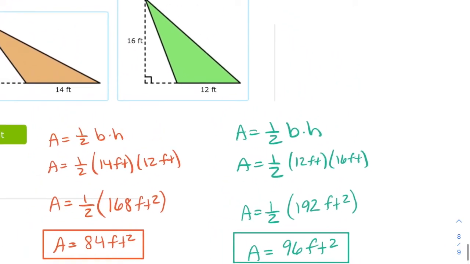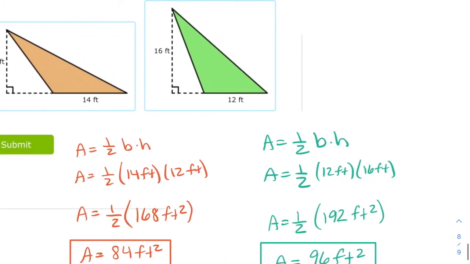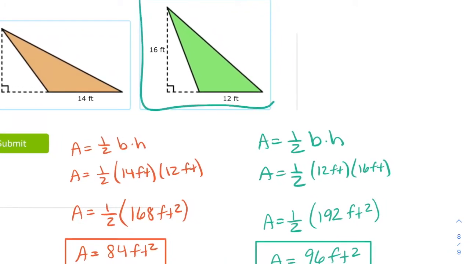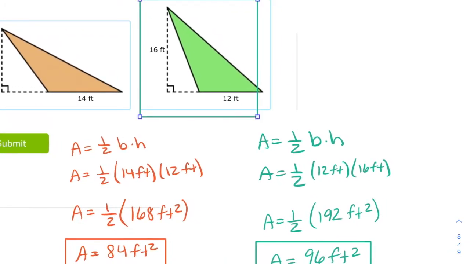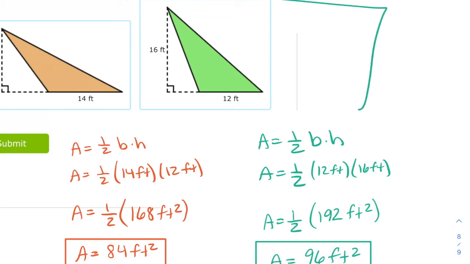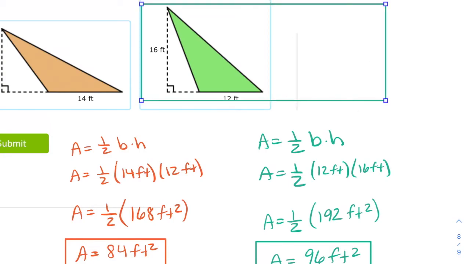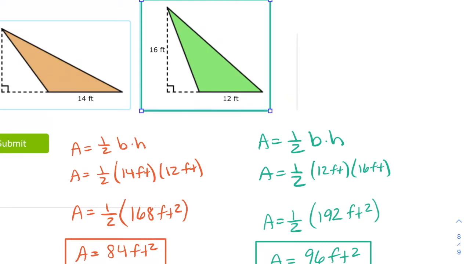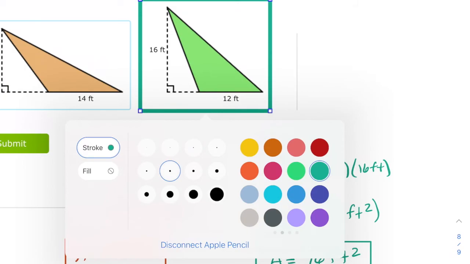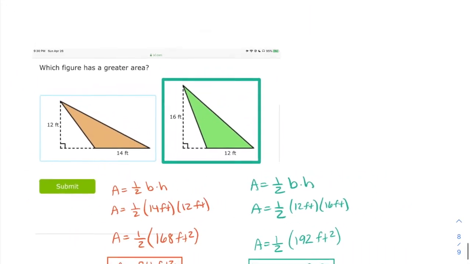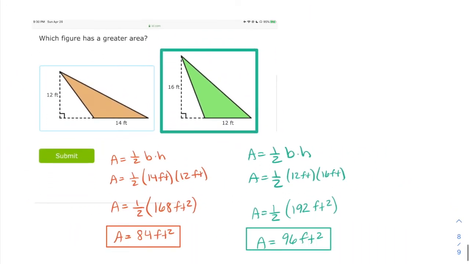So it appears that the triangle here on the right-hand side has the greatest area.